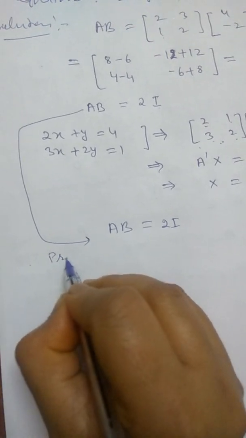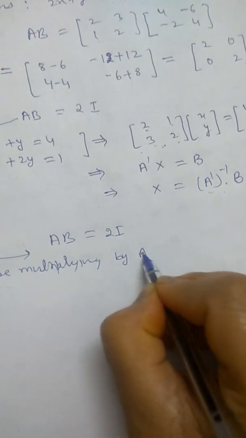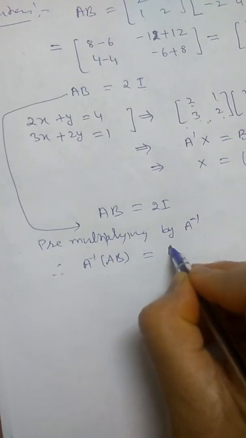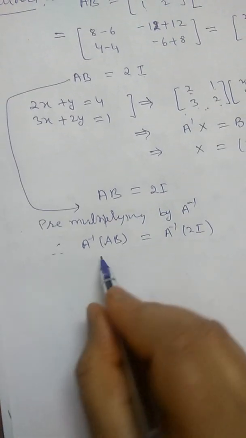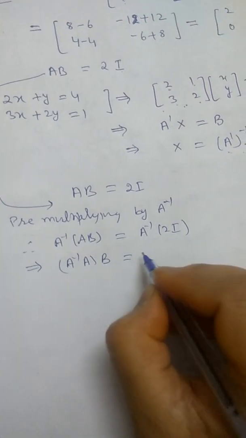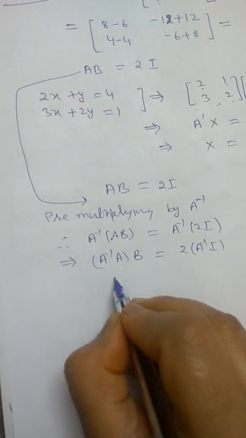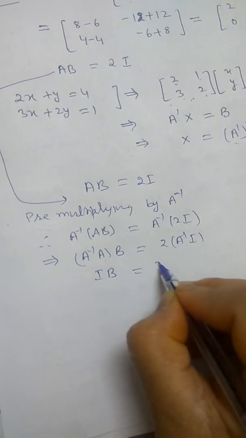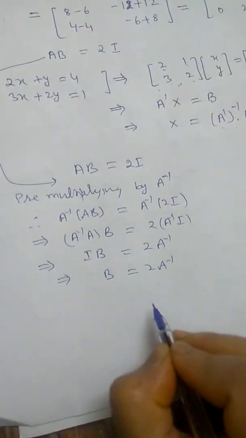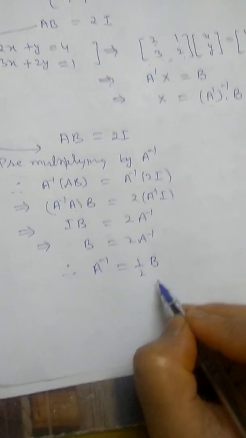By using this, pre-multiply by A inverse, and therefore A inverse into AB is equal to A inverse into 2I, and therefore A inverse into A into B is equal to 2A inverse into I. A inverse into A, that is I, B is equal to 2A inverse, and therefore B is equal to 2A inverse. It means A inverse is equal to 1/2 B.